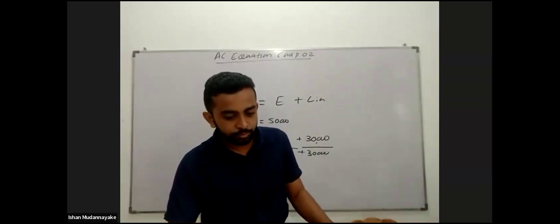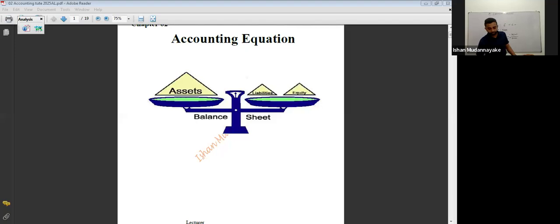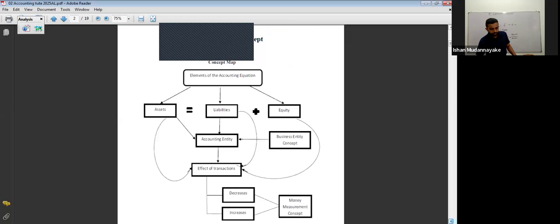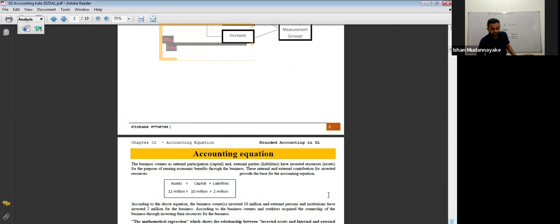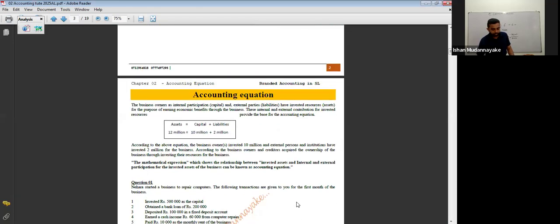Therefore, I have included only questions. If you are in the Colombo area, you can collect these tutes from Wattala, Nugegoda, Battaramulla. Others need to get a printout of this tute.